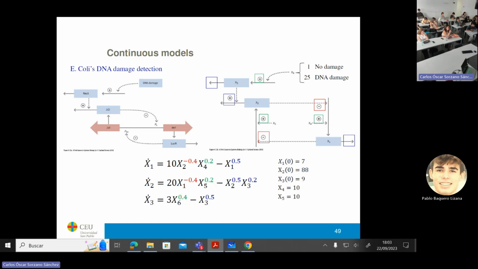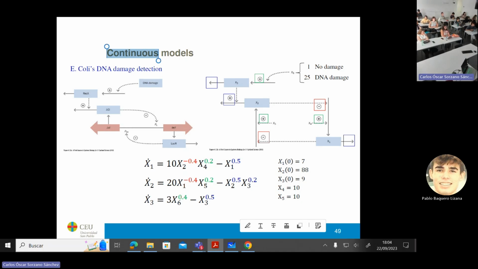And then it degrades. The degradation of X2 is influenced by X3. X3 affects the degradation of X2.